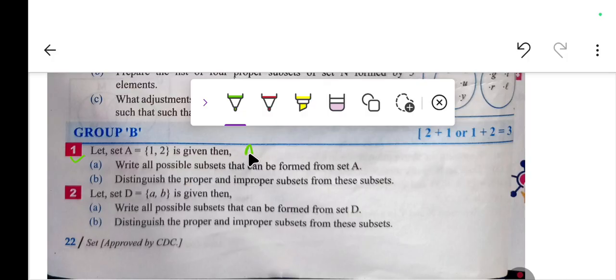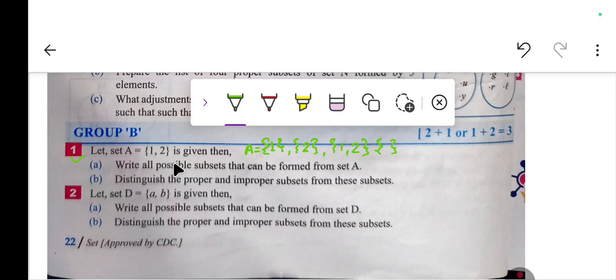So the subsets that can be formed from this set can be: {1}, written as a single element, {2}, and the third one is the set itself, {1, 2}, and the last one is phi, the empty set. So in this way we can form four subsets of set A.